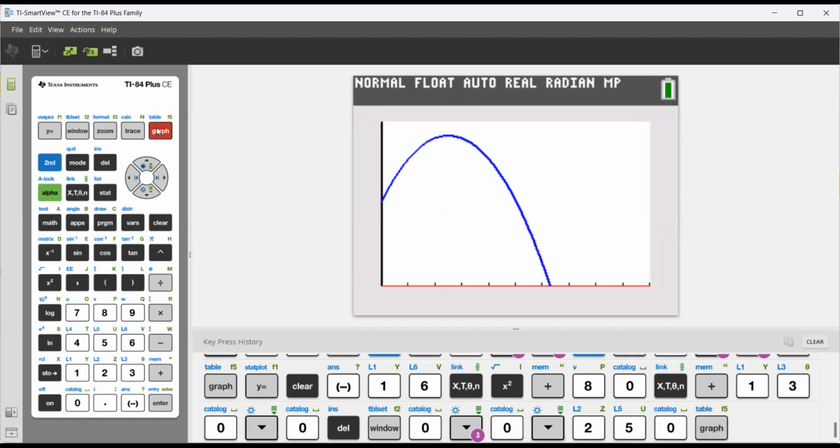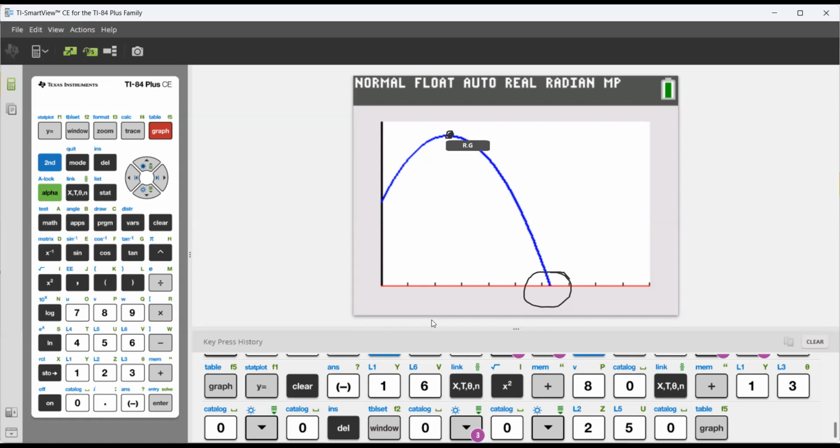See what I have? And that's exactly what we have in the workbook, or similar to what we have in the workbook. Okay. All right. So if you want to find the x-intercept, we know the vertex is somewhere there, right?